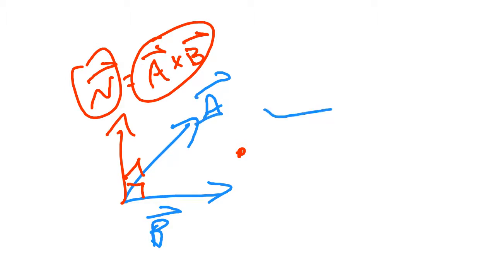Like if we made a plane here, this is also a normal vector, right? This is N1, that'd be N2. But A vector cross B vector is one of the perpendicular representations to the plane.